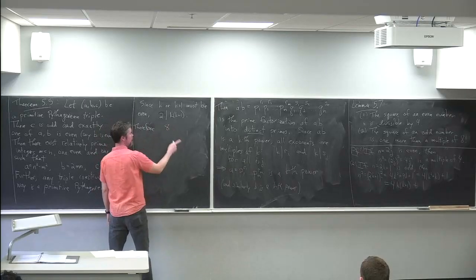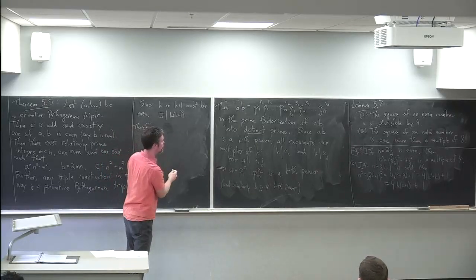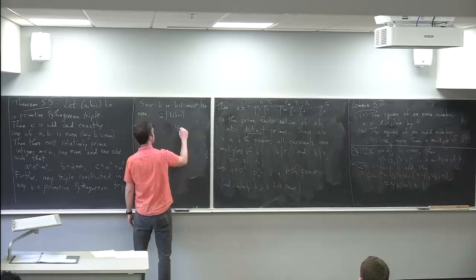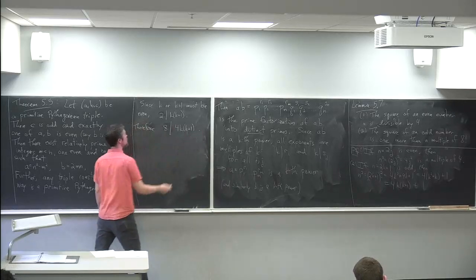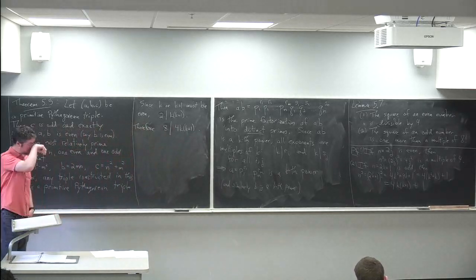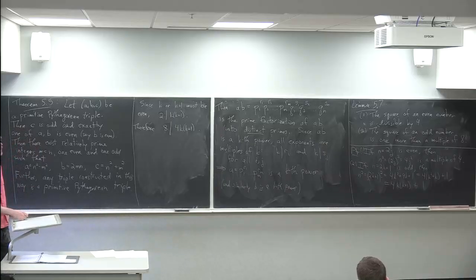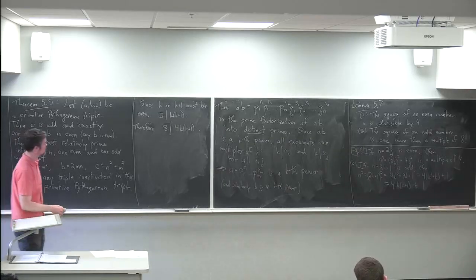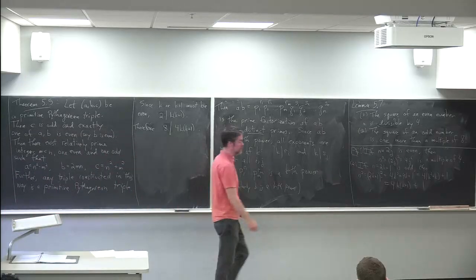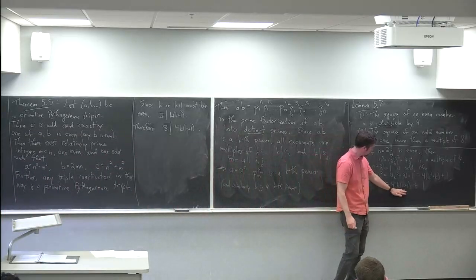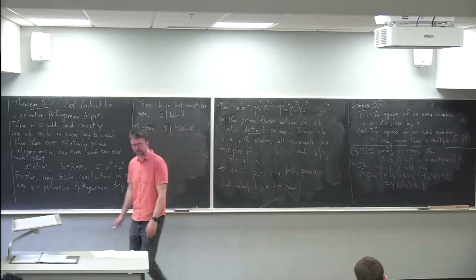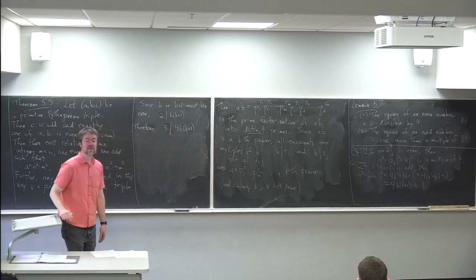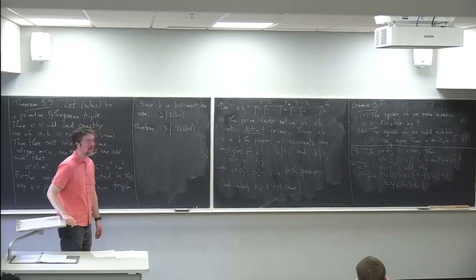Therefore, if you look at what we had, which is 4 times k times k plus 1, this is going to have to be divisible by 8 because there's a factor of 2 somewhere in the product k times k plus 1. So that's really what we get: some multiple of 8 plus 1.